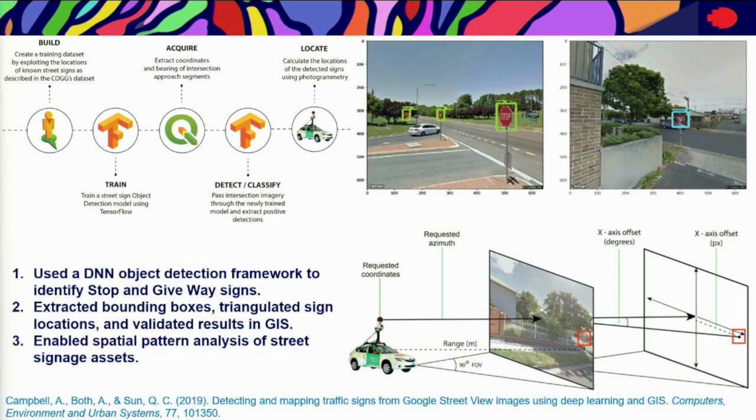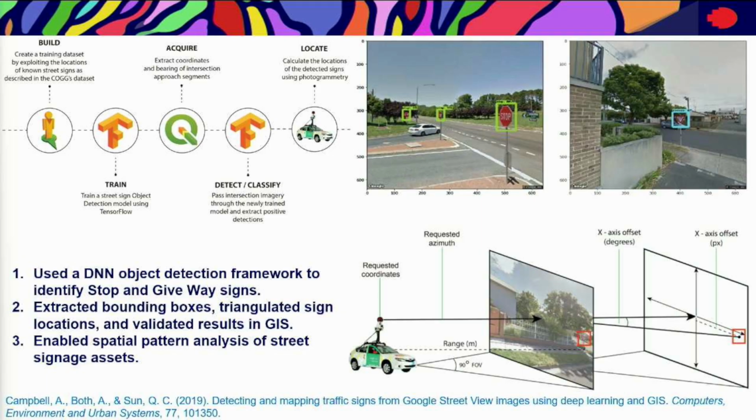We used a photogrammetry algorithm to locate each sign to get the XY coordinates for the detected traffic sign. And the accuracy reached 95% with the deep learning performance.